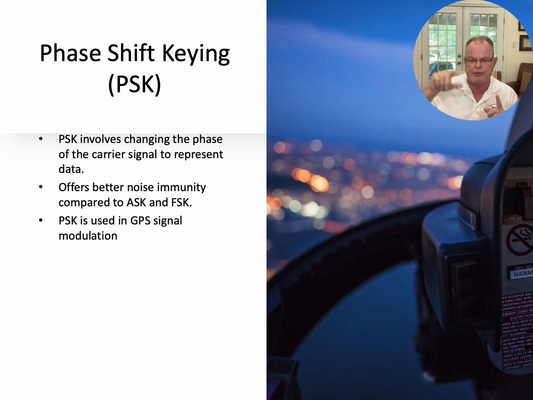Those become multiple signals, or symbols. So you can actually use it at a higher data rate than you can with amplitude shift keying or frequency shift keying. PSK is actually used in GPS. So you'll see that in that environment.